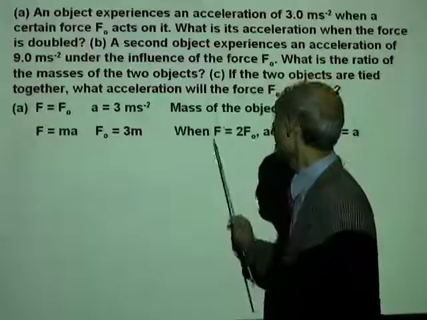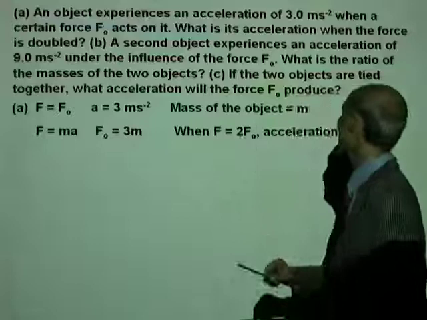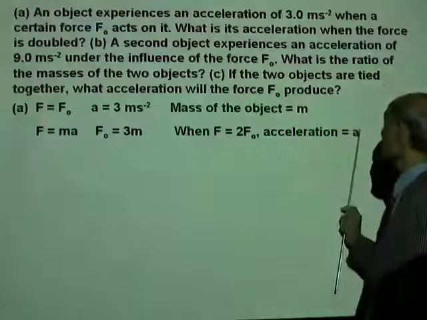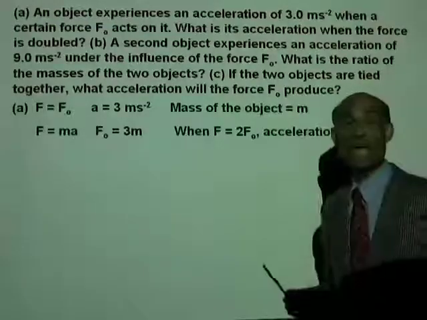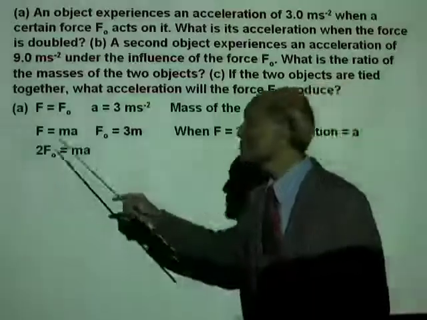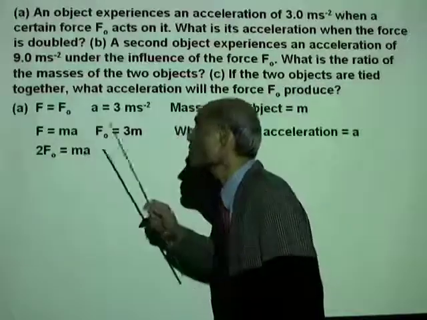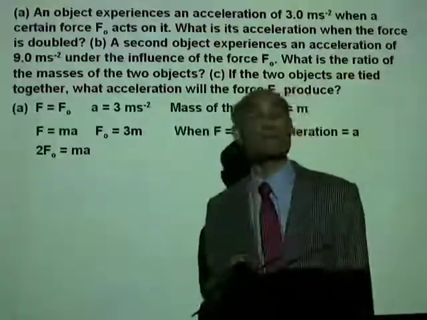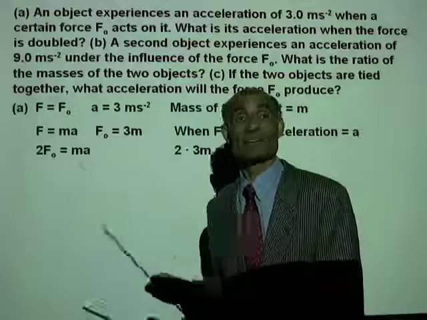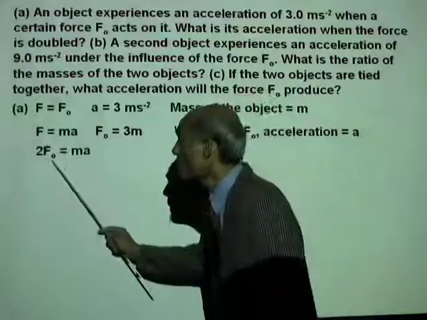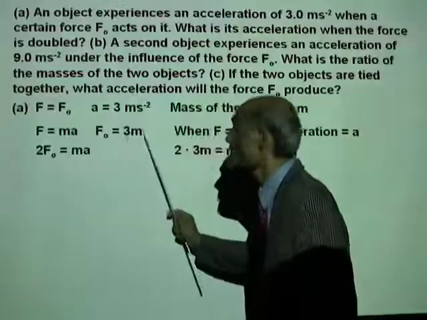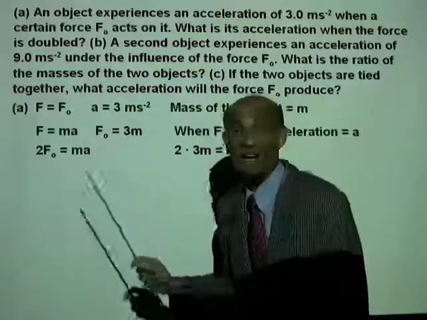Okay, when F equal to 2 F0, let the acceleration be equal to A. Then 2 F0 will be equal to MA. Now, but F0 is 3M. Look at the advantage of that.